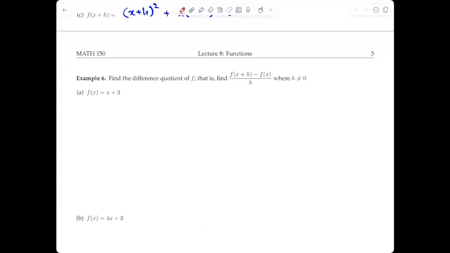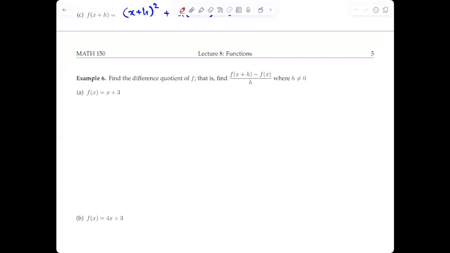Okay. So for example 6, we want to find the difference quotient. So you have the difference quotient of the form f of x plus h minus f of x over h, for h different from 0 in this case. Eventually, you're going to see this formula again at the beginning of calculus 1.